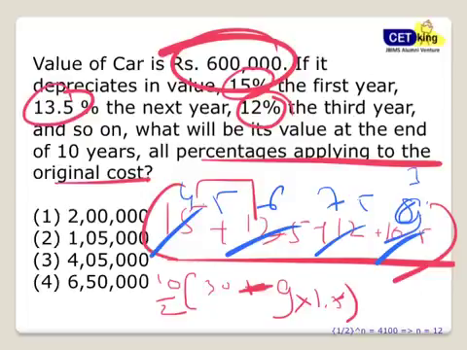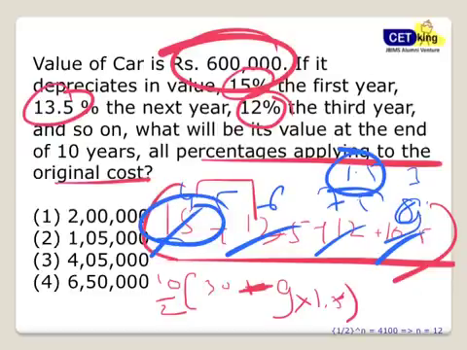First term plus last term, n by 2, first plus last. 15 plus 1.5, 16.5 into n by 2 into 5, 16.5 into 5, that's the total. क्या होगा आंसर?